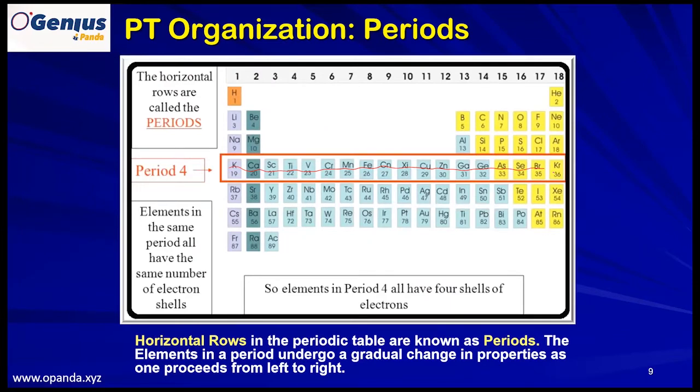So if elements have the same number of electronic shells or energy levels, they will be in the same period. So for example, elements in the first period have 1 energy level. Elements in the 4th period have 4 energy levels. Okay?